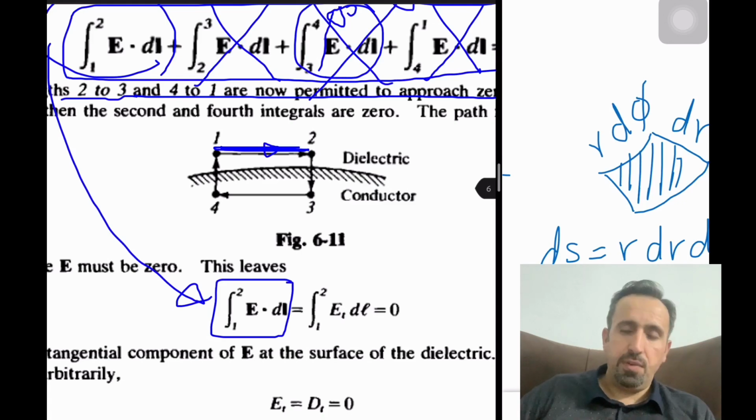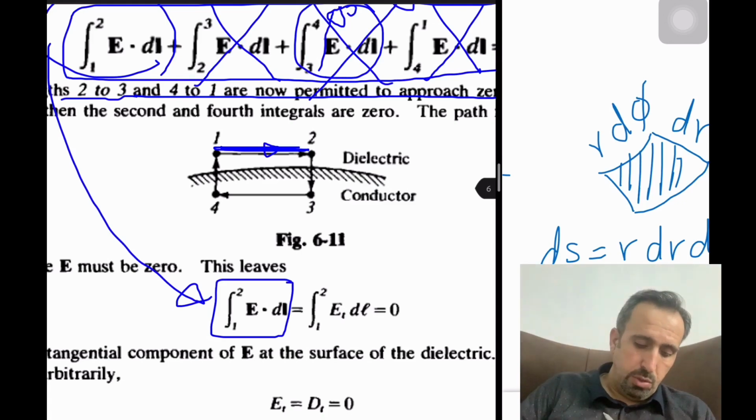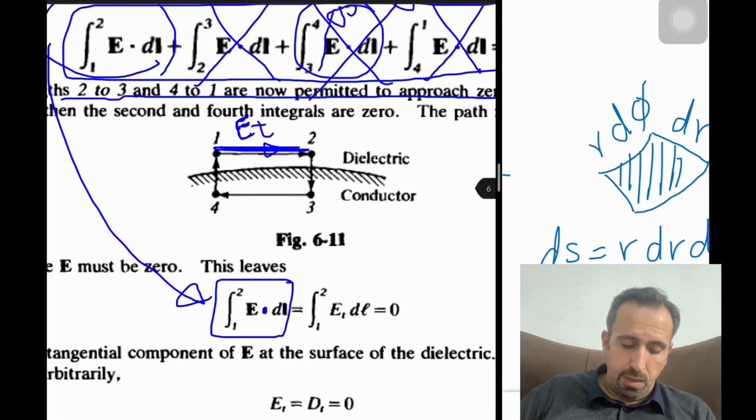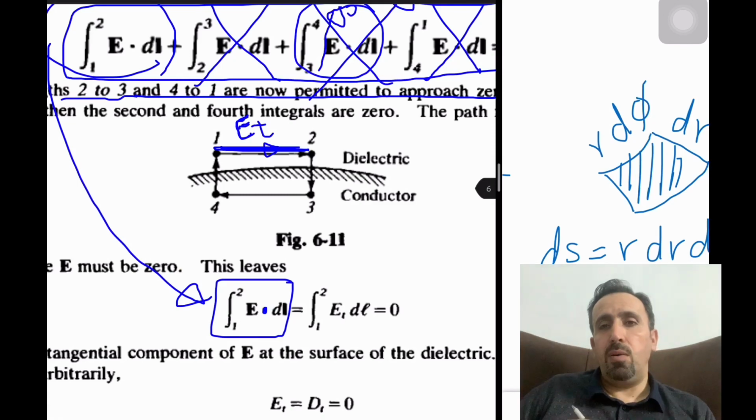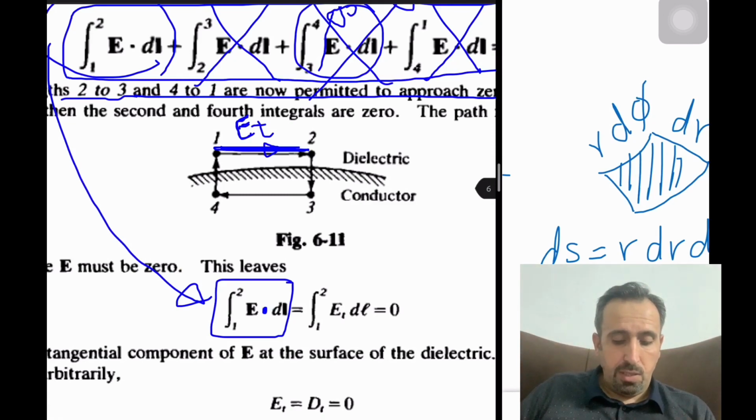Which kind of field will you have here? Sure, you will be talking about E tangential. Why? Because you are taking the dot product here between E and dl. So if you think about anything other than E tangential, then the dot product will be 0. The answer will be 0.